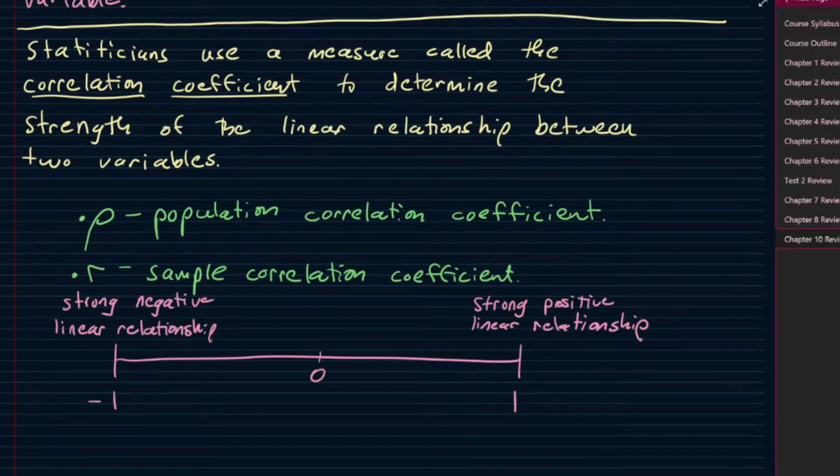And a value of 0 means there's no linear relationship. So this is like a scale. The closer it is to the middle, the worse the relationship is, and the closer it is to the edges, the stronger the relationship is.